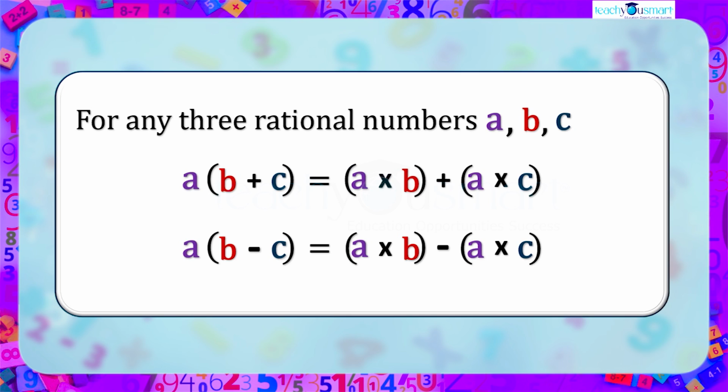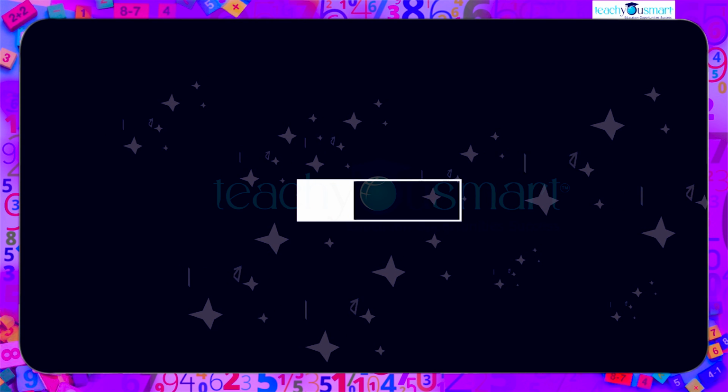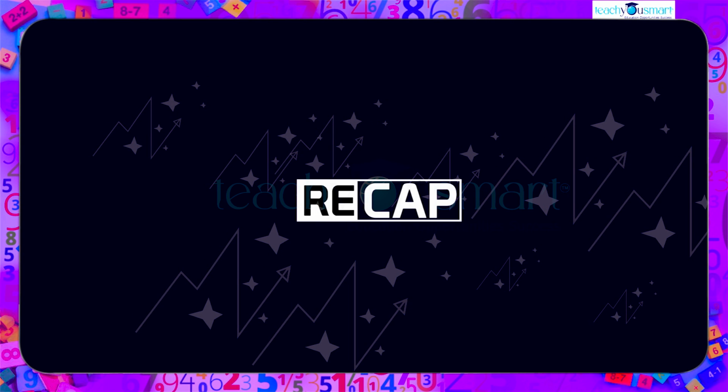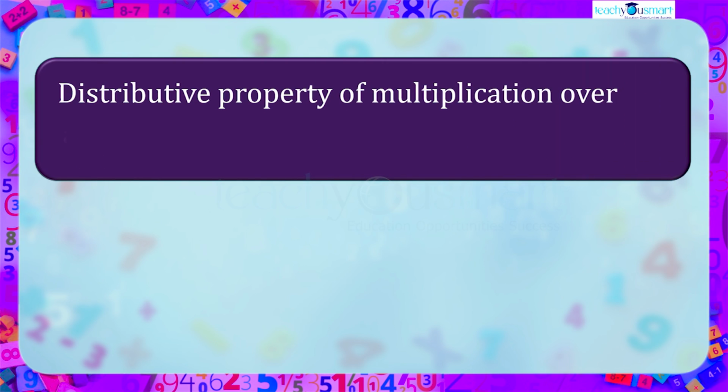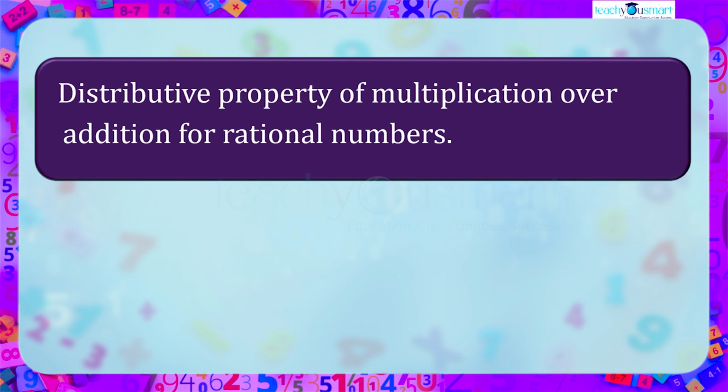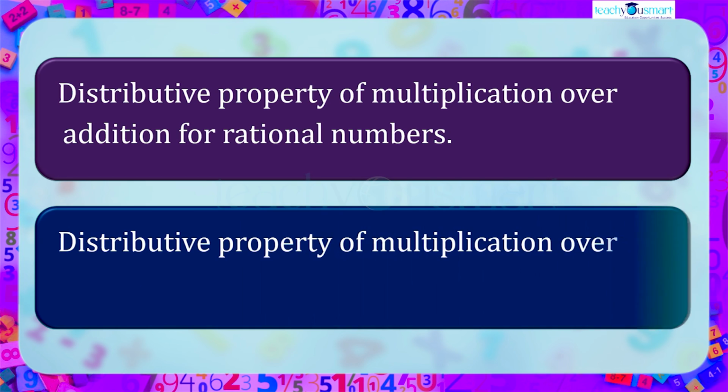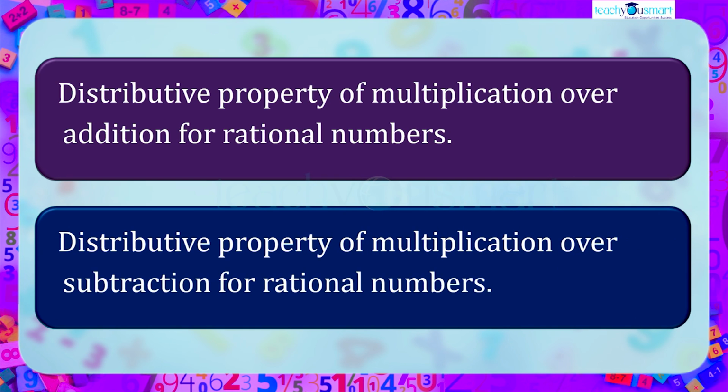This is the distributive property of multiplication over addition and subtraction of rational numbers. Let's recall what we discussed today. Distributive property of multiplication over addition for rational numbers, and distributive property of multiplication over subtraction for rational numbers.